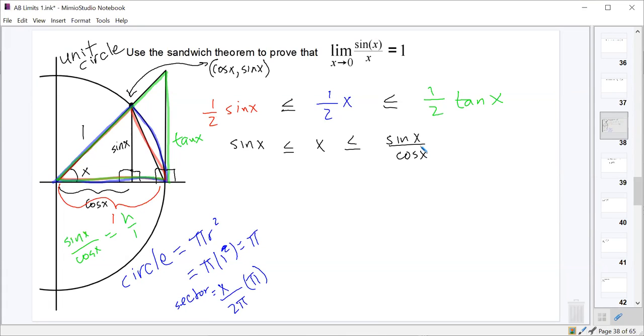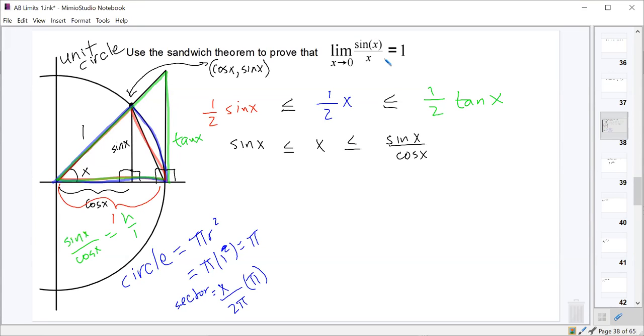And then what? What else do we need inside the middle here? We need to get a sine in there, and we need it to be on the opposite part of a fraction of the x. So why don't we start off by just dividing everything in each one of these by sine x, and then we'll at least have the reciprocal of what we need.